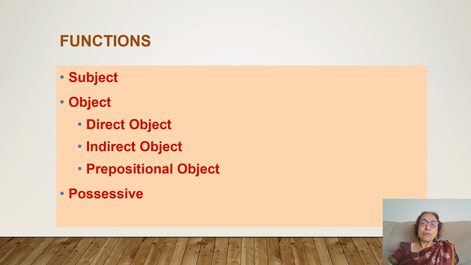The possessive noun is the noun which is added either to the subject or object to show a sense of belonging. Possess, belong. That is what the meaning of the word is. So you can easily make out that these are some of the points which you have to keep in mind when you are talking about the functions of nouns in a sentence.